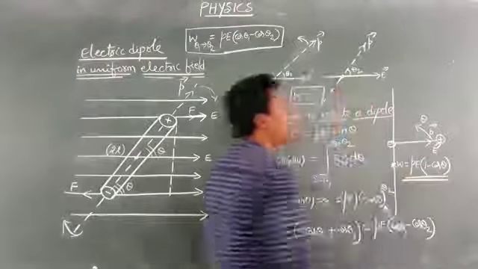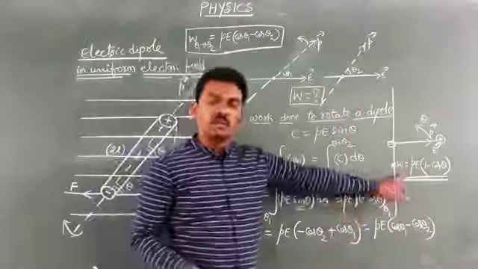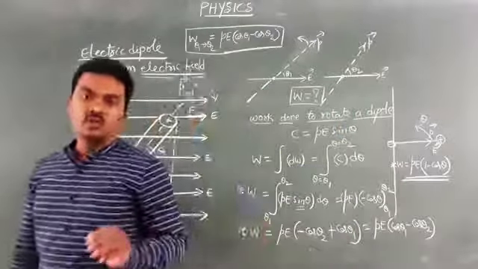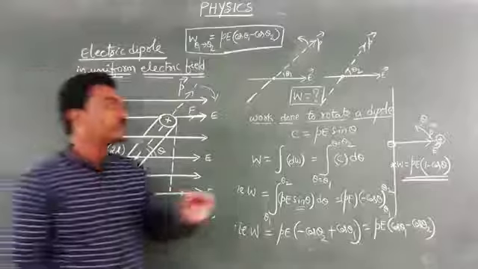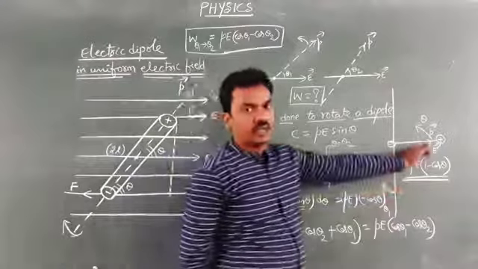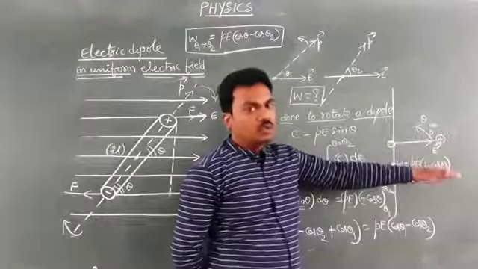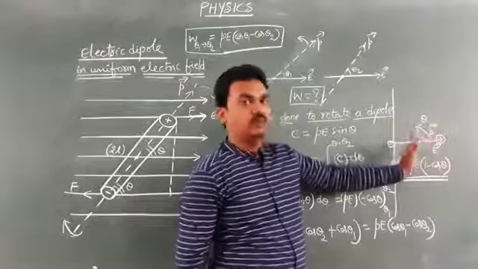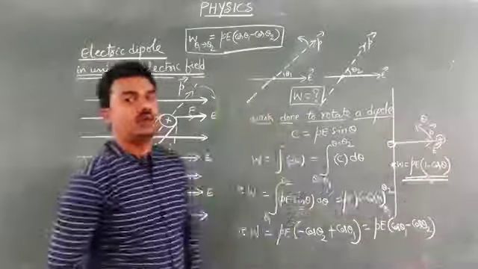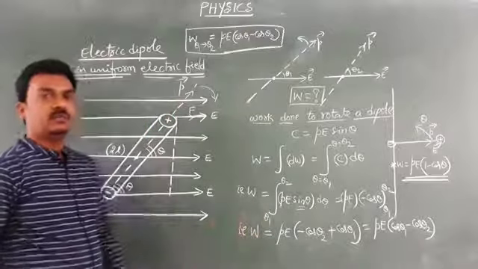This is one more formula: the amount of work done to rotate an electric dipole from the direction of the electric field through an angle theta is W equal to PE (1 minus cos theta).